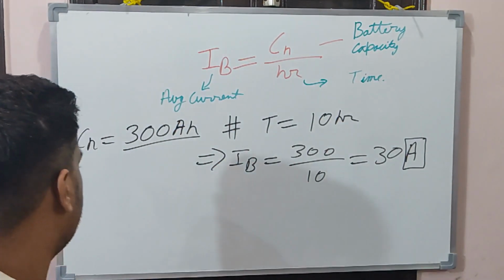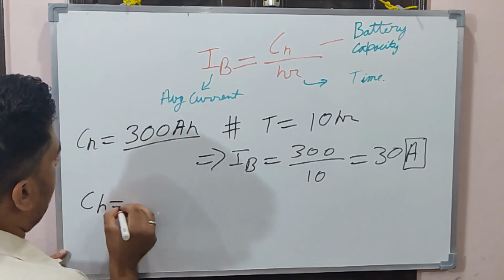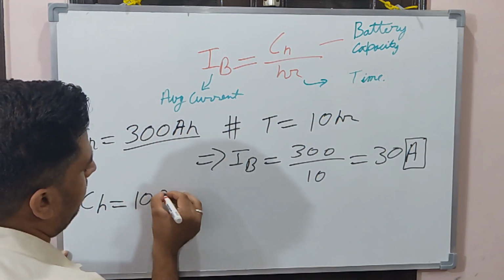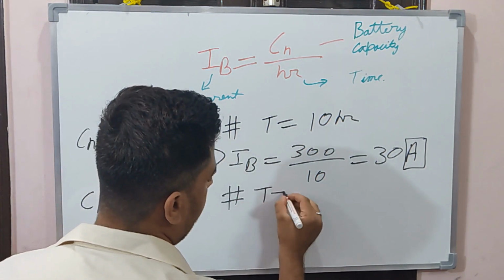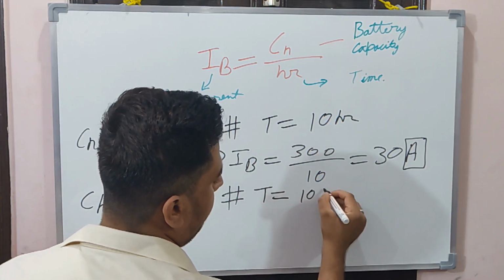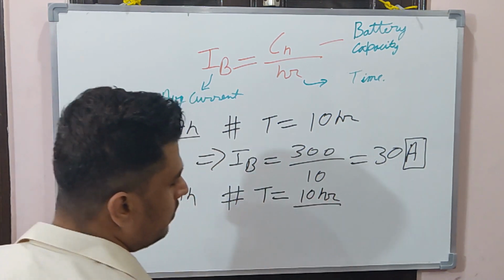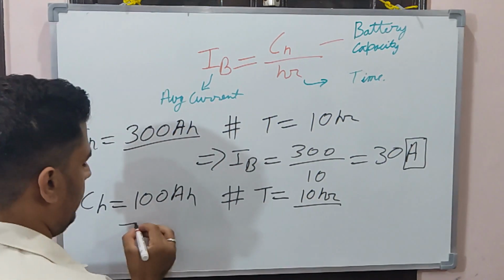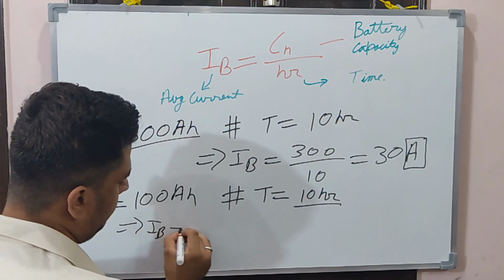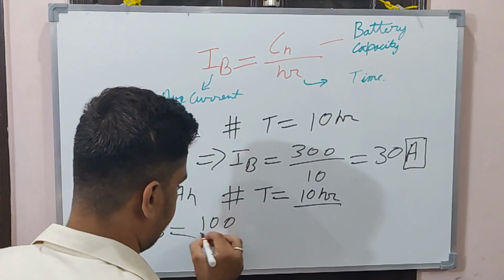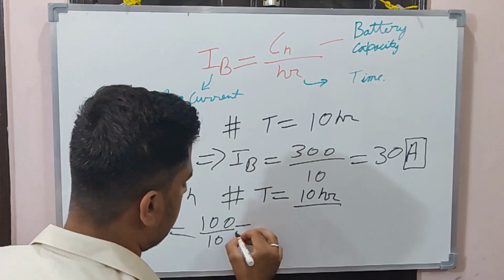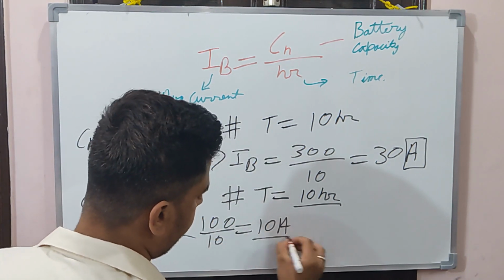Similarly, if I consider a battery of 100 ampere hours and the time I want is again 10 hours, then IB will be 100 divided by 10, which comes out to be 10 ampere.